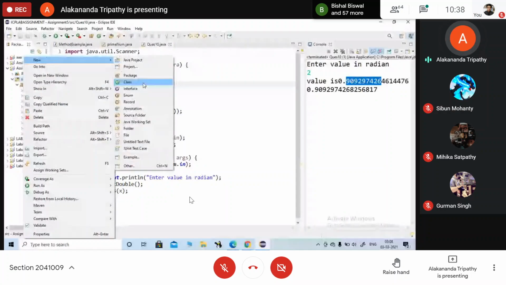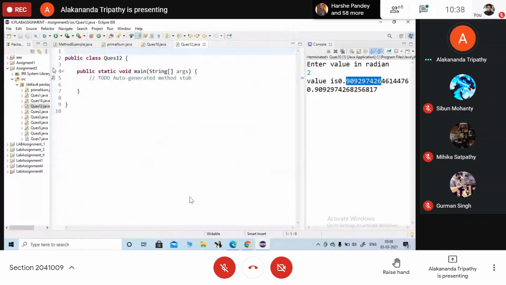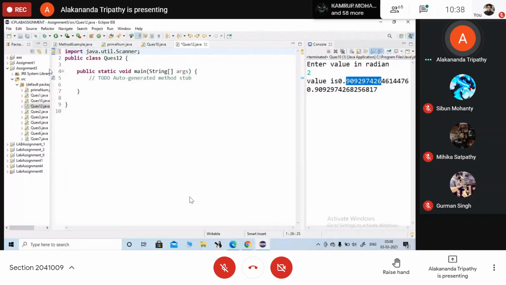New class. Taylor series is question number 12. So import java.util.Scanner. Here I am writing the class name, public static. I will not return any value. Series, here the input I will provide, int n.